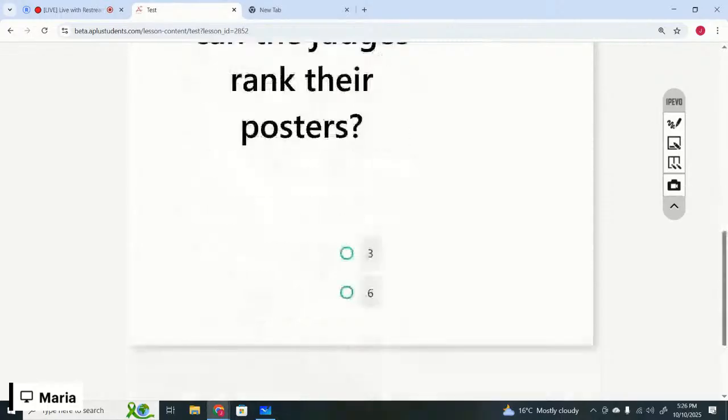So, which is the correct option? Option number 2 is the correct option. That is 6.